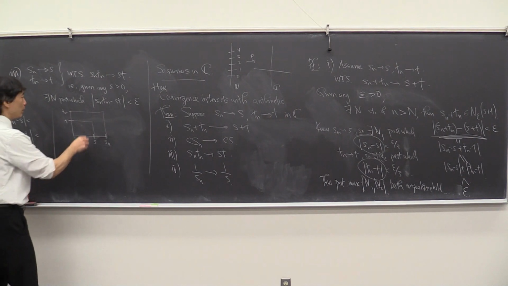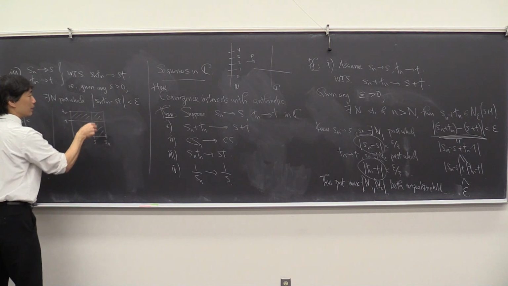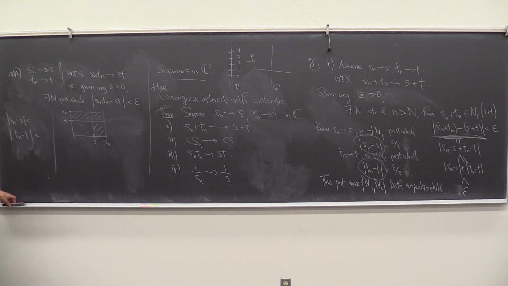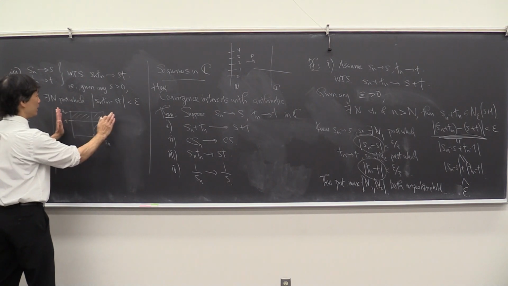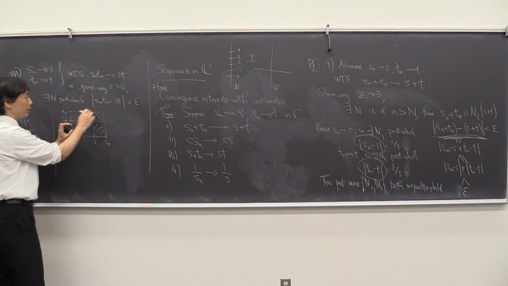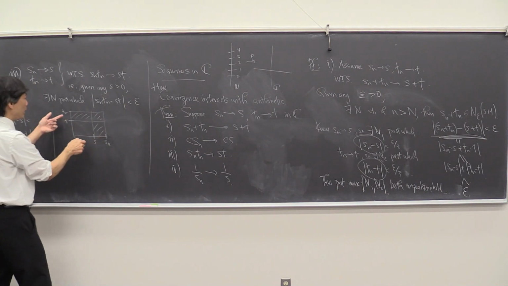So what's left? Well, when I take the area of the big box and subtract the area of the little box, I'm left with this shell here. What is that shell?